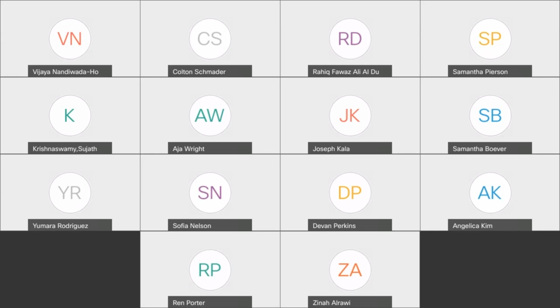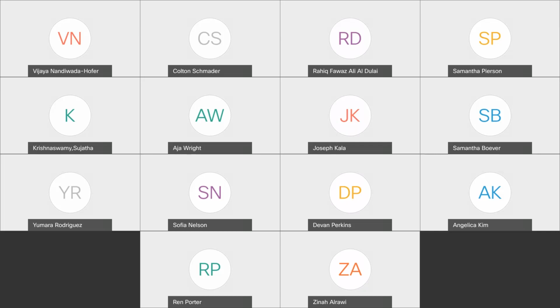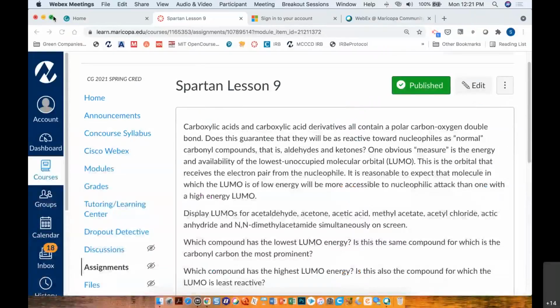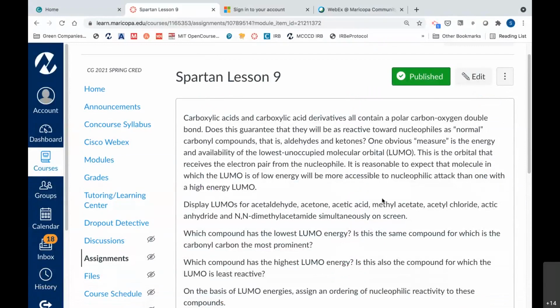And you have a variety of compounds given here. So this is lesson 7. Carboxylic acid derivatives have different reactivities. It's not some new information for us.